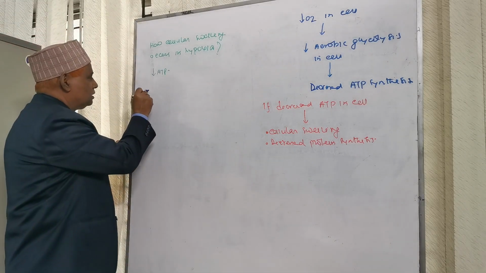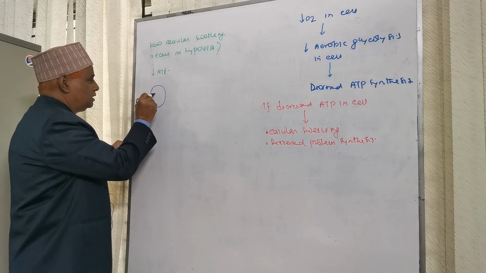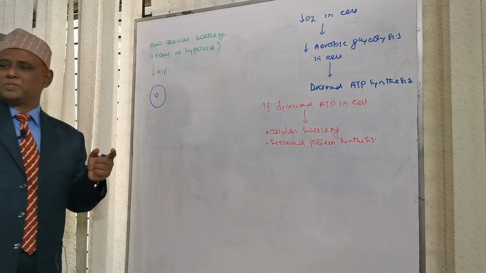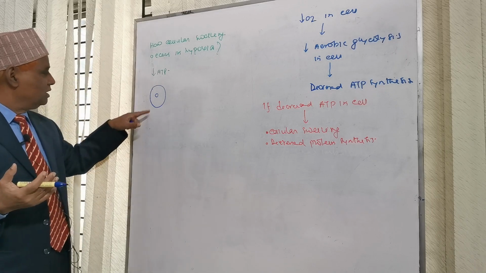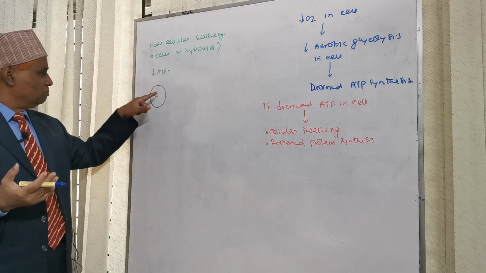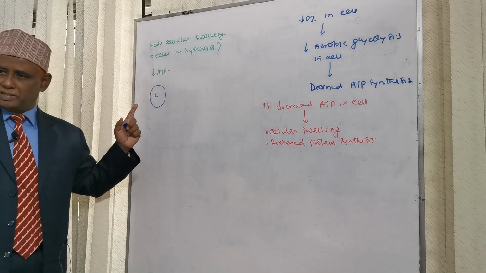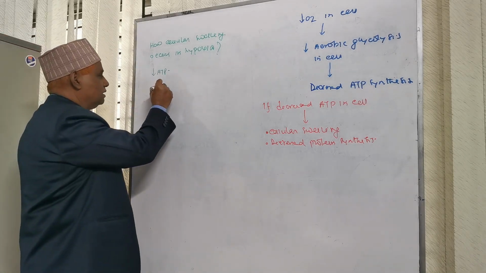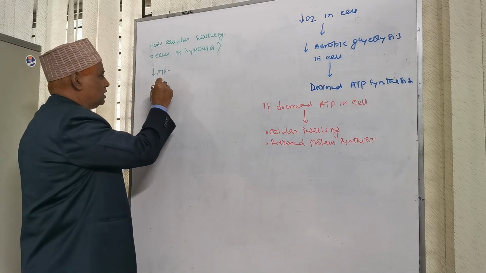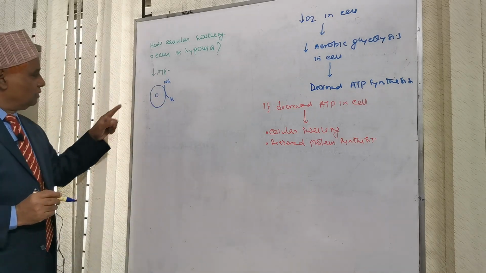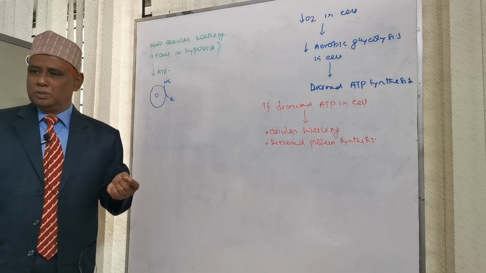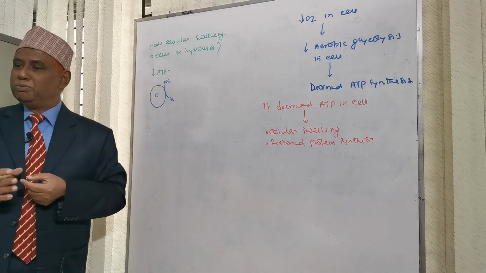You know, if this is the cell, nucleus, the shape and size of a cell is maintained by many things. One is maintained by the cell membrane, another by ATP, by cytoskeleton, etc. So, there is a pump, called the sodium potassium pump. This pump, for its activity, requires fuel.